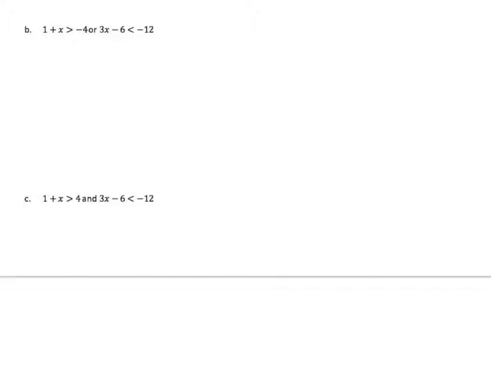Okay, let's try this one. I'm going to subtract 1 from both sides, which gives me x is greater than -5, and this is an or statement. Add 6 to both sides. 3x is less than -6. Divide both sides by 3. X is less than -2. Go ahead and graph these.